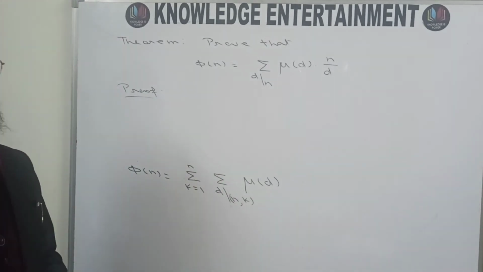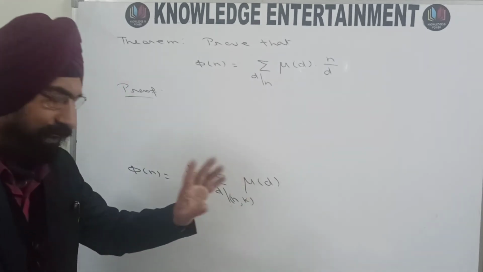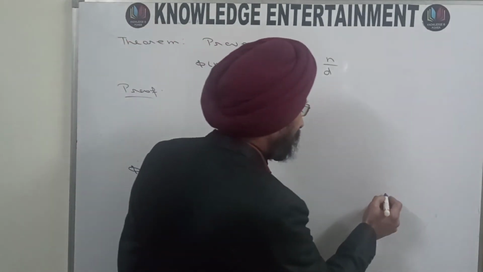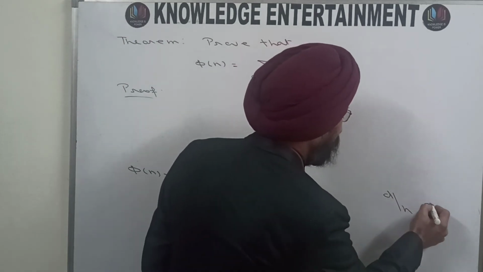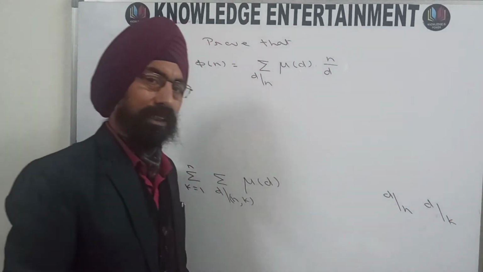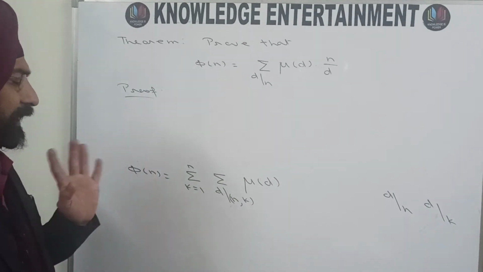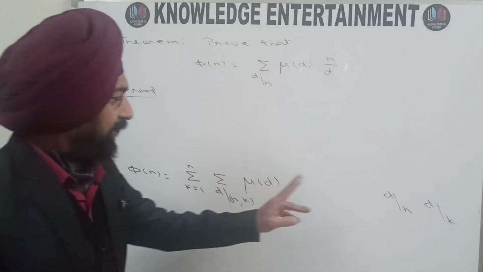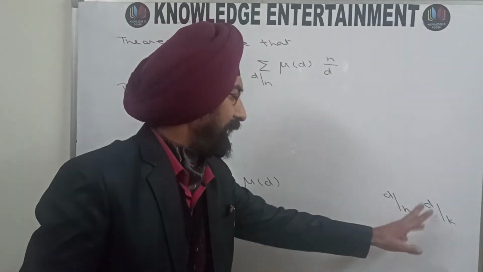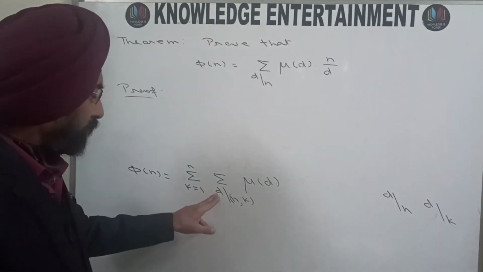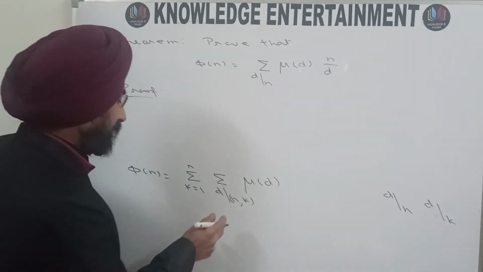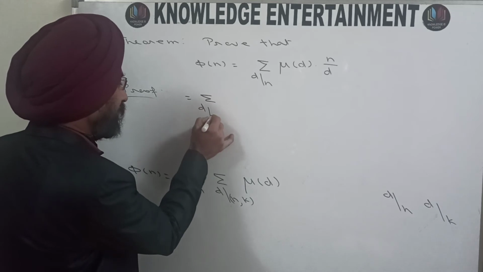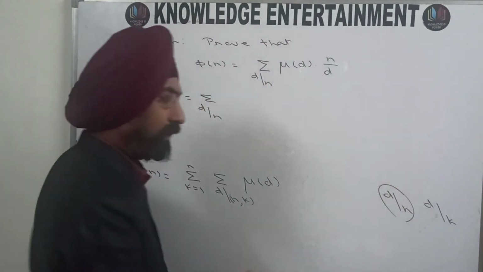Now look here. d divides GCD of n and k, and if d divides GCD of n and k, it clearly means d divides n and d divides k. It is very much clear. I am writing here only d divides n, and this I have used.